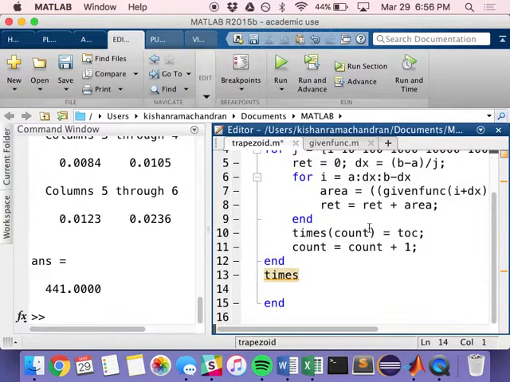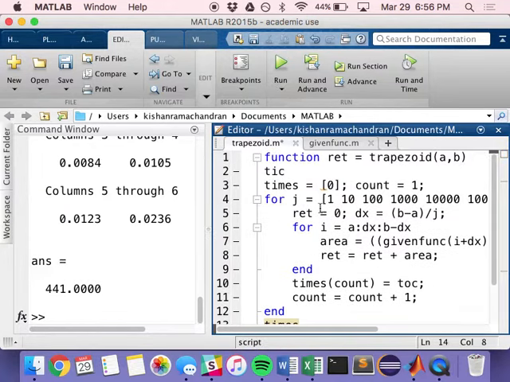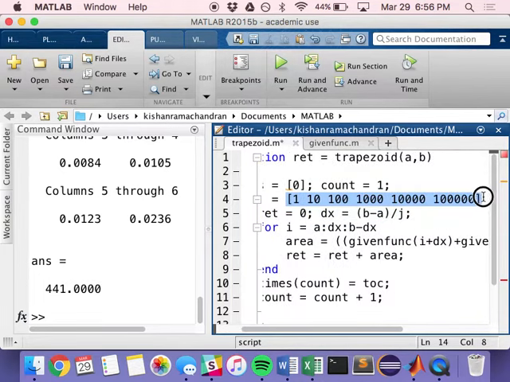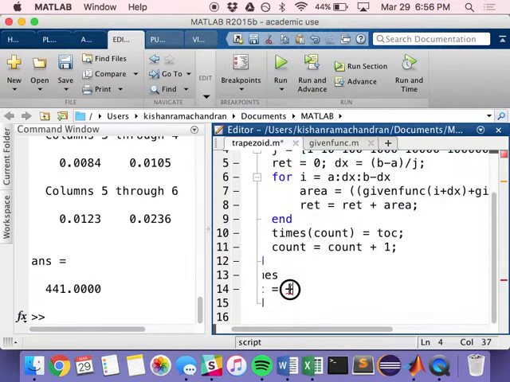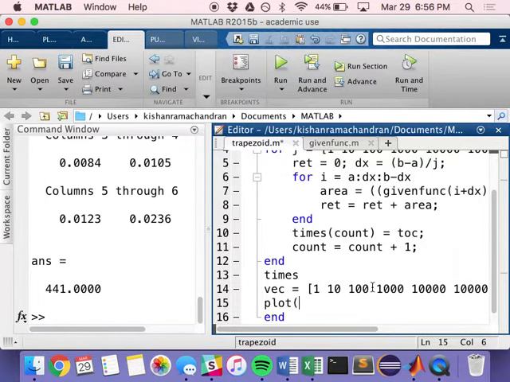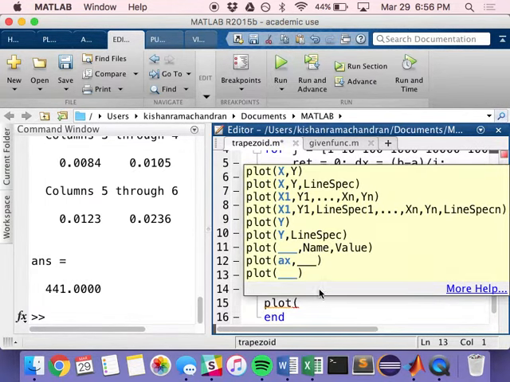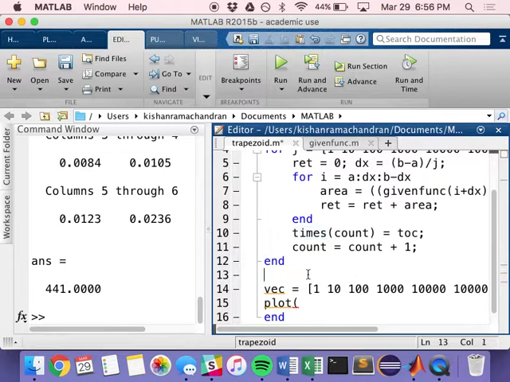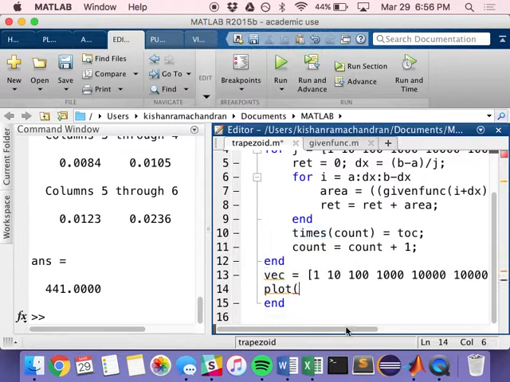That's it. What would you want? You want a vector on this times.